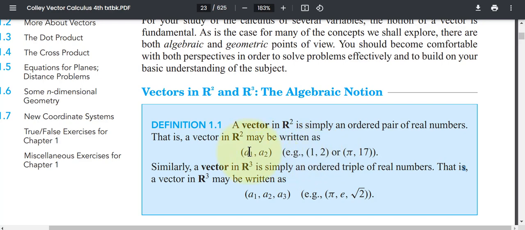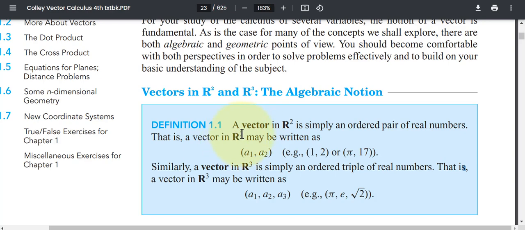So in general, you might say A1 comma A2 instead of specifying the particular values. By the way, this is a little bit peculiar, but we could say pi is the first element and 17 is the second element, or for what we call a 3D vector, we say pi, e, and the square root of 2. When we have just two elements, we refer to that as a vector in R2.